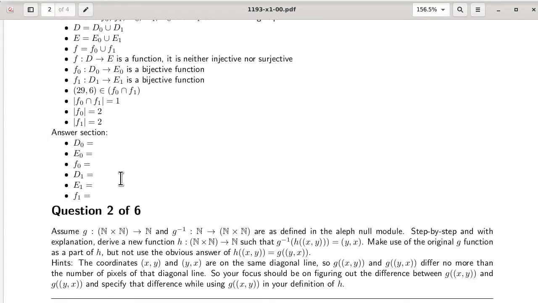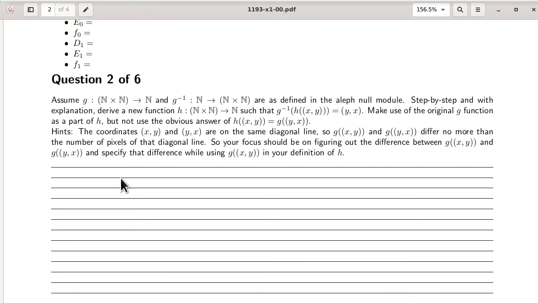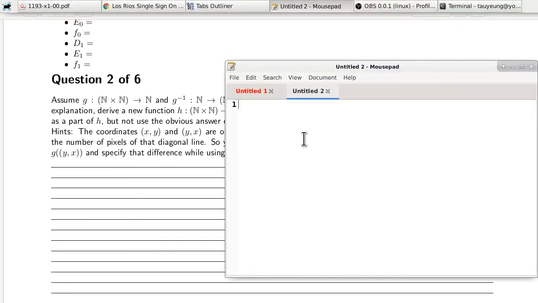So for question number 2, it's actually not that difficult once you get the hint. So the hint says, let's look at g of yx minus g of xy.